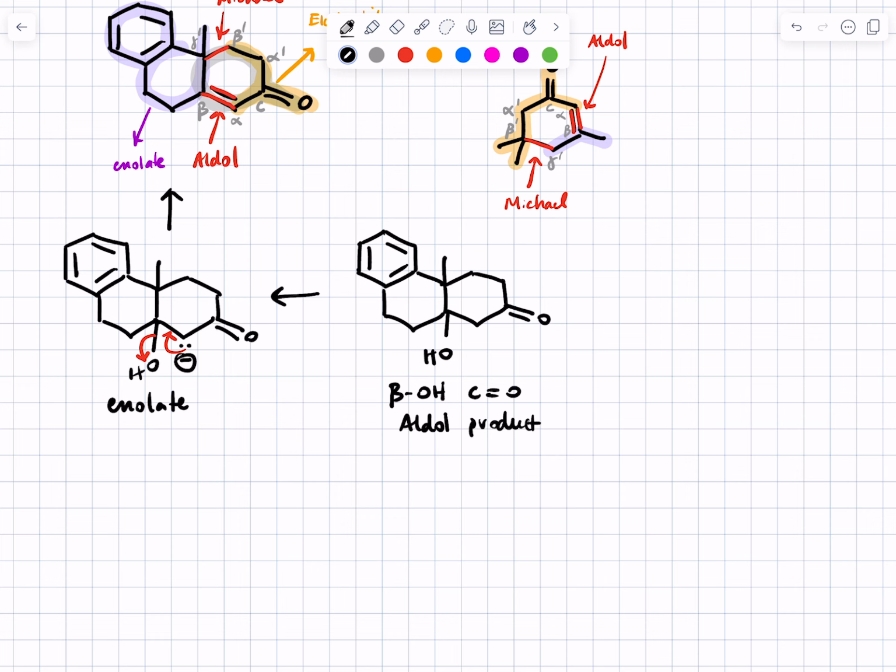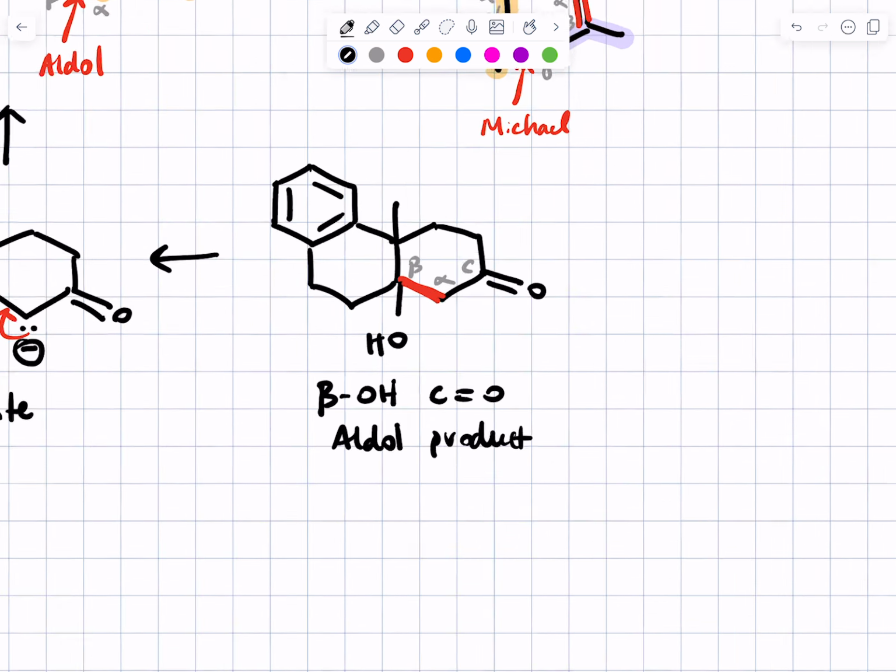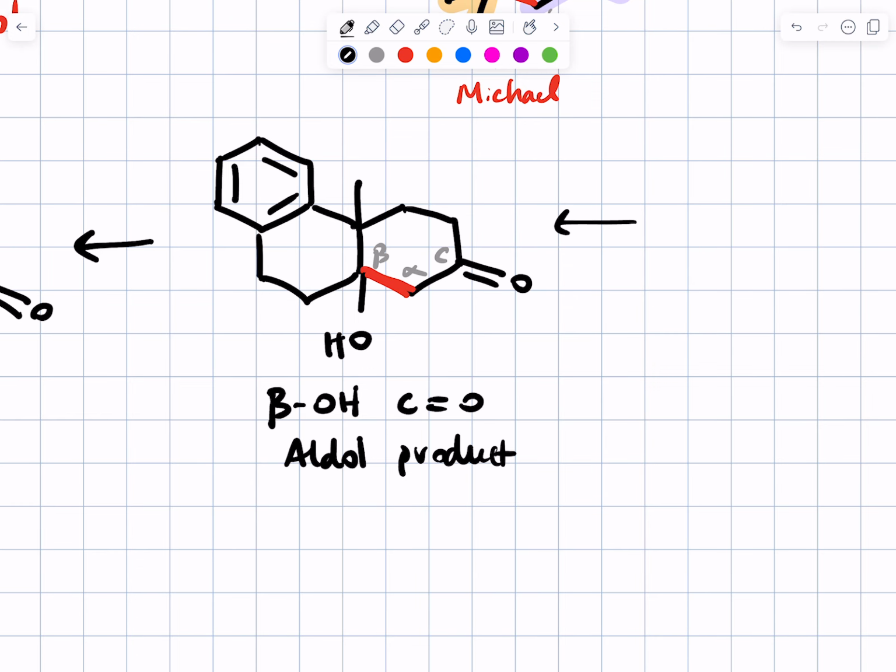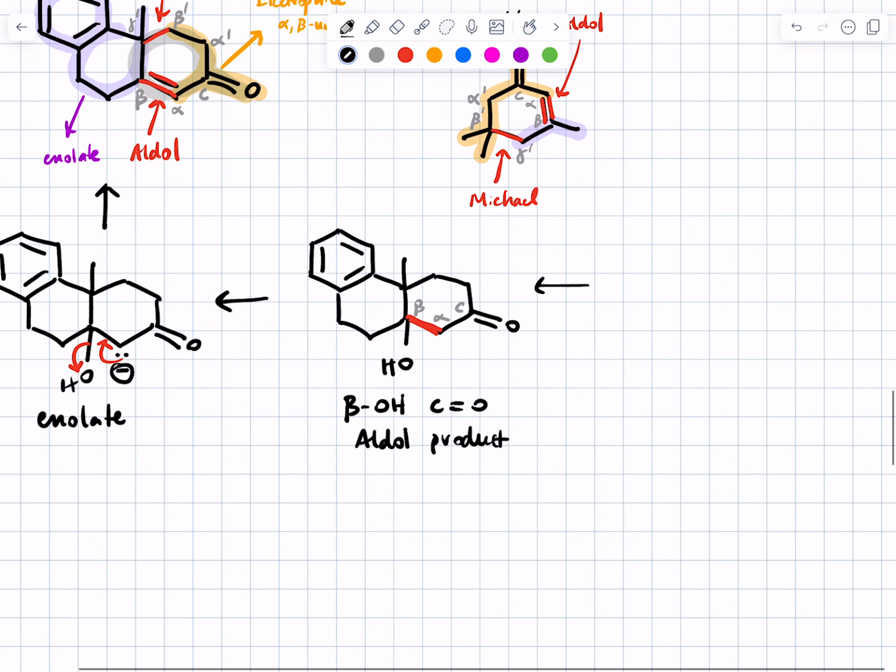What's the immediate precursor? Remember that in the aldol reaction, we make this bond right here between alpha and beta carbons. In an aldol reaction, what gives you this beta hydroxy compound?